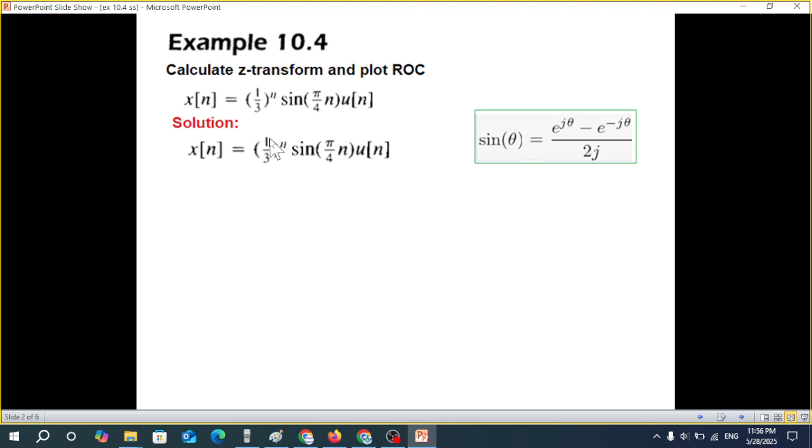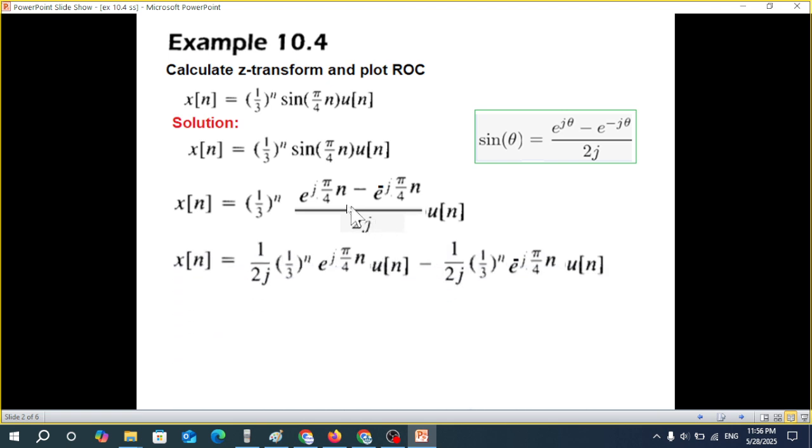Because then we can combine with 1/3. So this is for sine. Everything else remains the same, and from here we can take them separately as two parts. This is with e^(j pi by 4 n), and this is the second part.